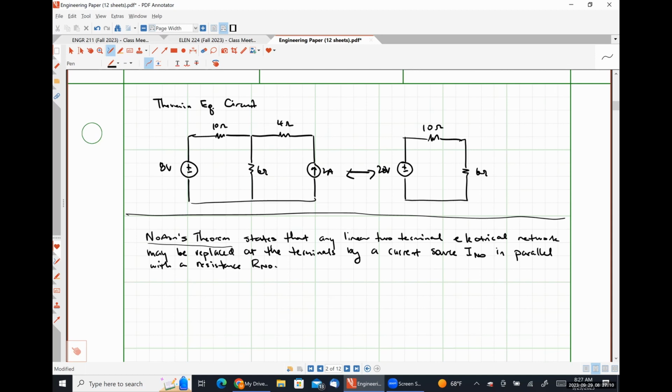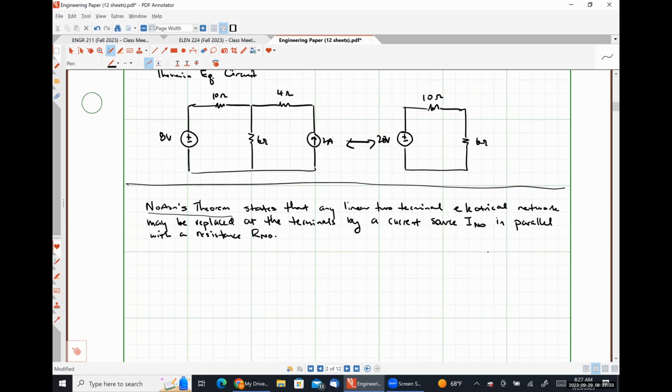So Thevenin's theorem says that we can replace any two-terminal electrical network with a practical voltage source. Norton's theorem states that we can replace any two-terminal electrical network with a practical current source. Okay. The rules for finding the Norton current and the rules for finding the Norton resistance are what I'm about to give you. Okay.